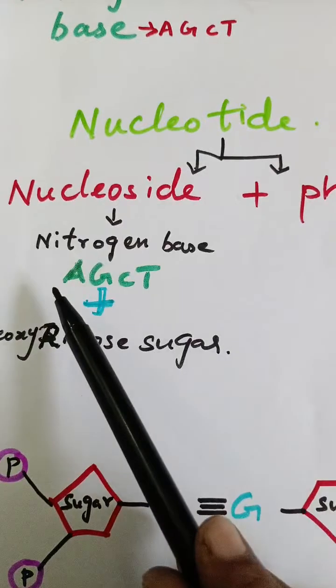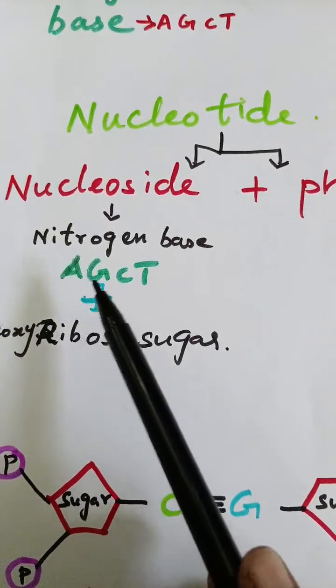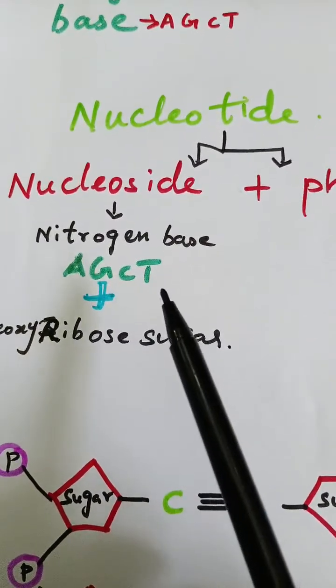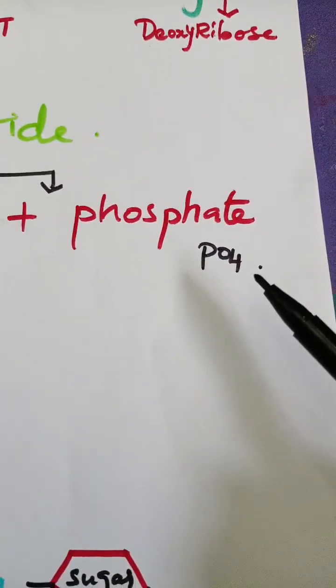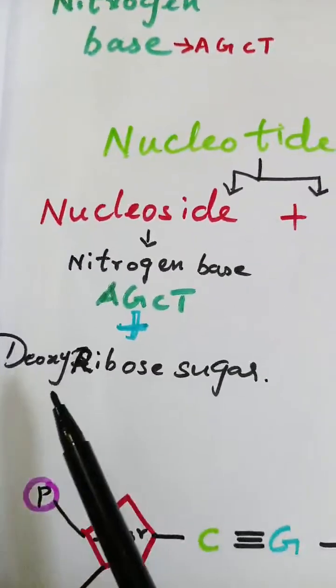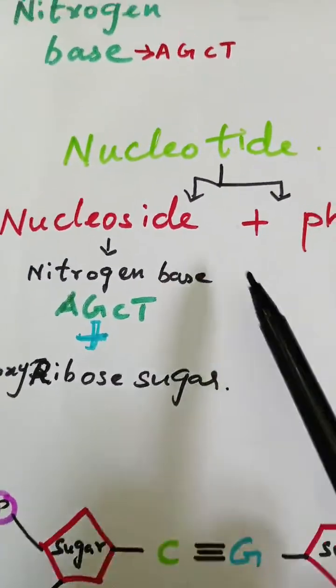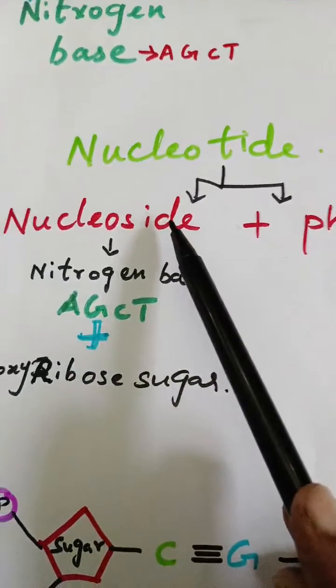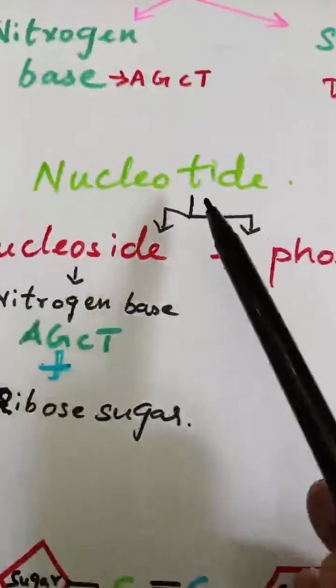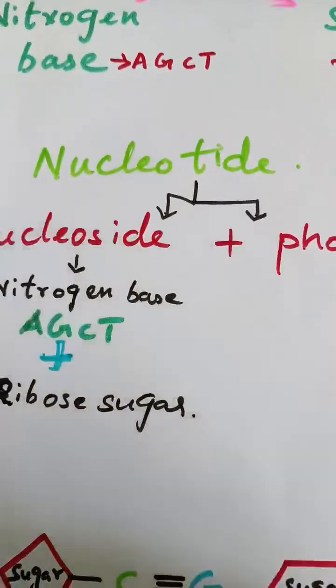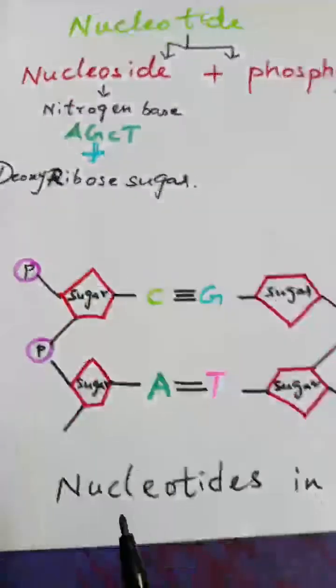Nitrogenous bases, I told you what they are: adenine, guanine, cytosine, and thymine. Okay, and then along with that it will have a phosphate group. So deoxyribose sugar and nitrogenous base is the nucleoside. This nucleoside along with the phosphate is the nucleotide. Understood?